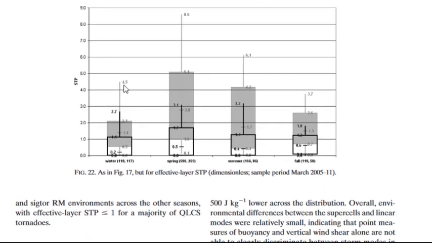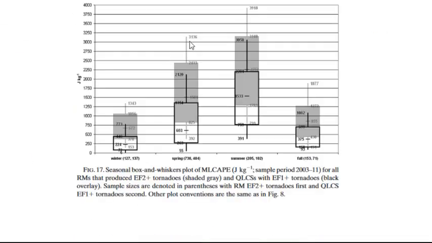And then that leaves us with significant tornado parameter. So nothing particularly great here. The discrete cells need higher values of STP, but pretty much anything below 1 favors linear storms.